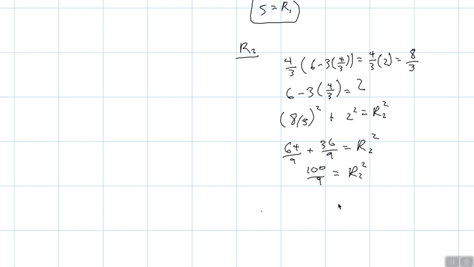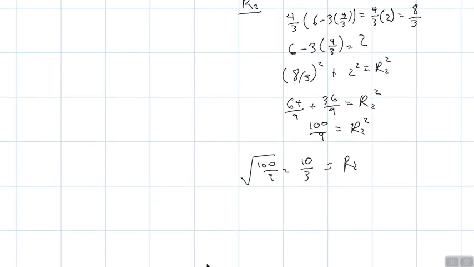Yeah, R2 is equal to the square root of this, which is 10 over 3. And so now scaling back by root 10, for R, we're going to have 5 over root 10 times 10 over 3 root 10. That's 50 over 30, which is 5/3.